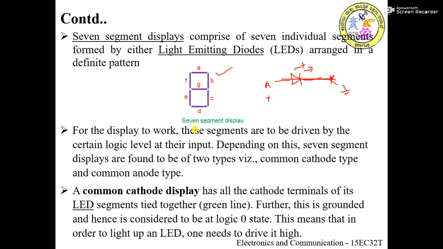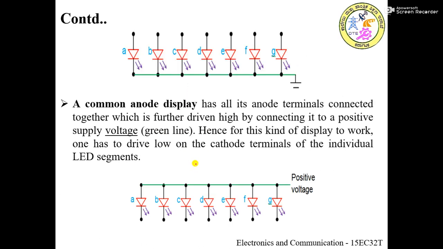Let's see the common cathode first. In case of common cathode, as you can see here, there are totally 7 LEDs: A, B, C, D, E, F, G. Common cathode itself means the cathodes of all these LEDs are connected to ground.